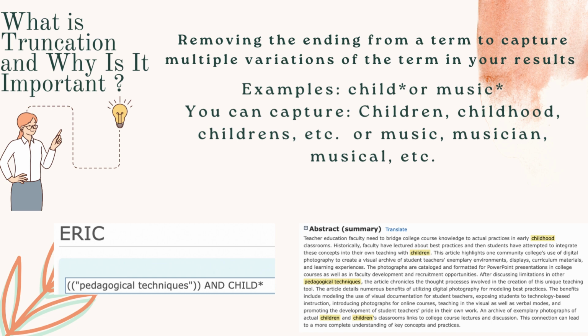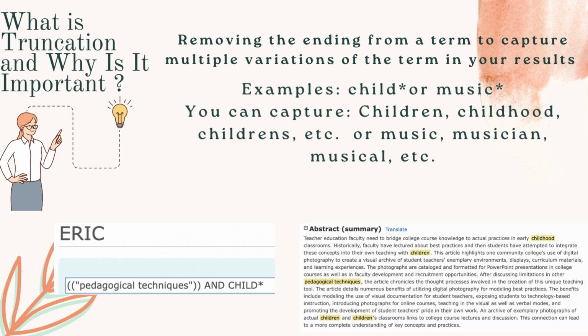Anywho, without further ado, here we can see an example of a search phrase that utilizes the power of truncation. I am searching pedagogical techniques that specifically deal with children. So I'm using the ERIC platform just because that deals with the topic that I am searching.